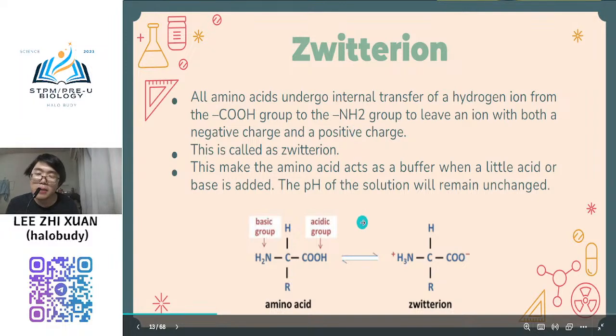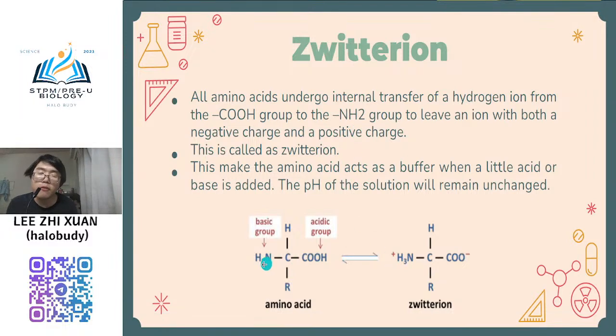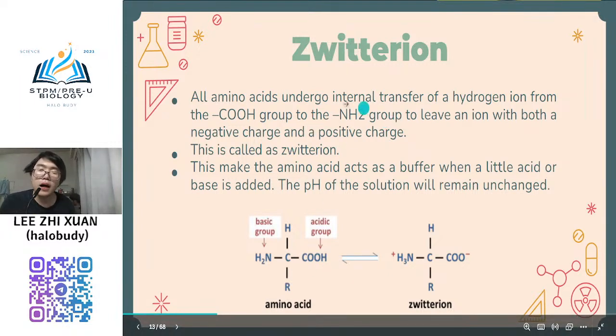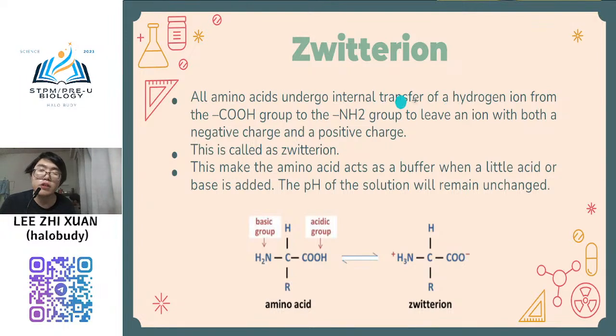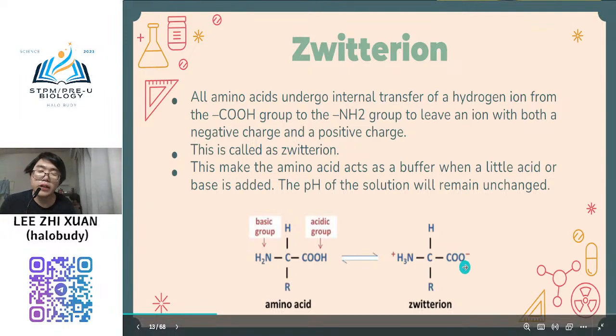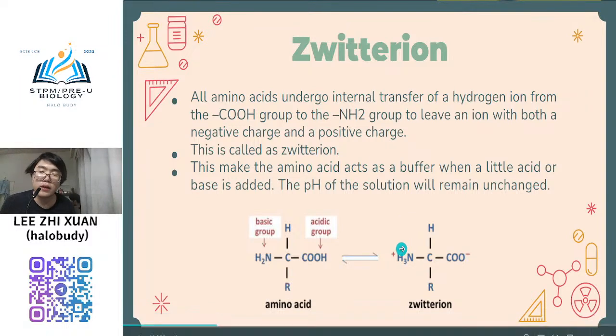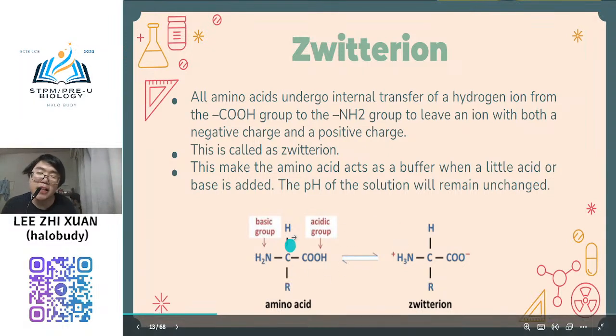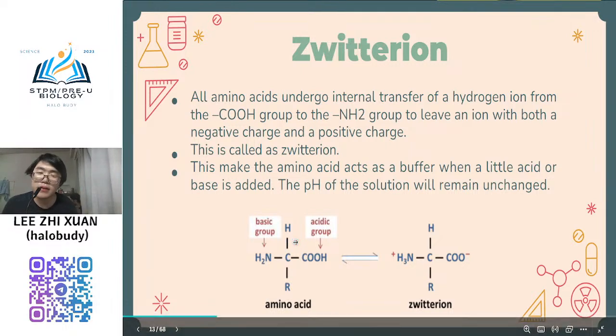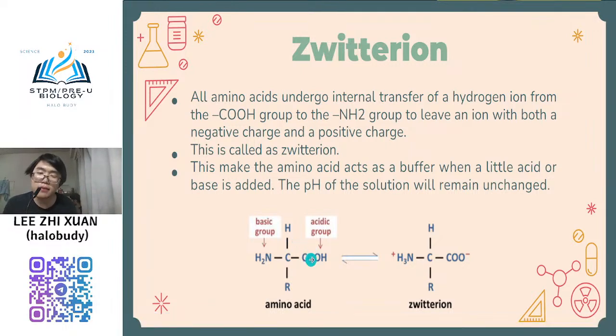So in an amino acid, since it contains both a basic group and an acidic group, there can be an internal transfer of a hydrogen ion from the carboxyl group to the amino nitrogen group. It is very tricky. In water, an acidic substance will release hydrogen ion, so your carboxyl group must release hydrogen ion.